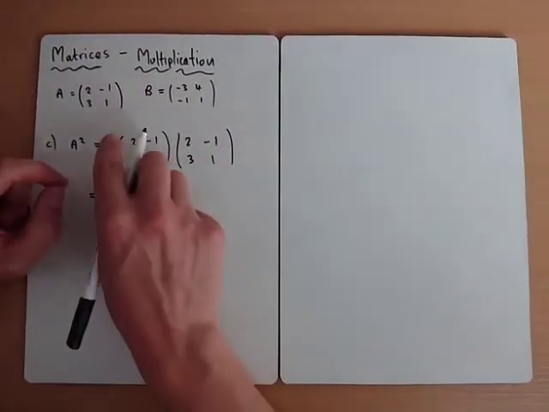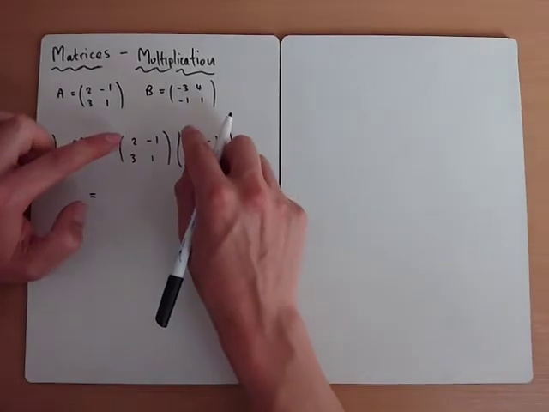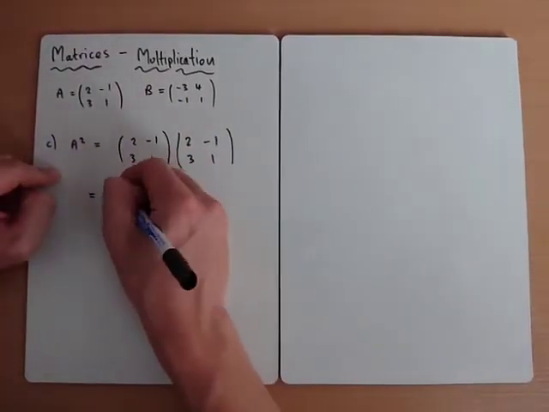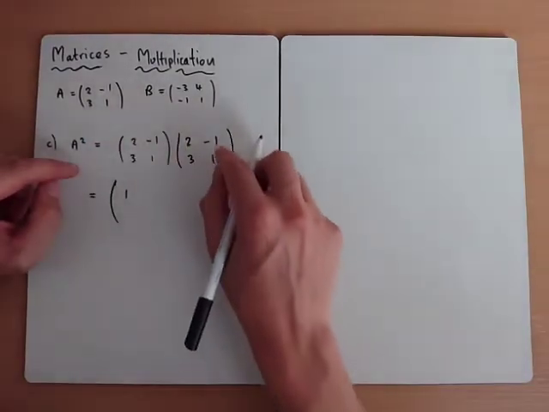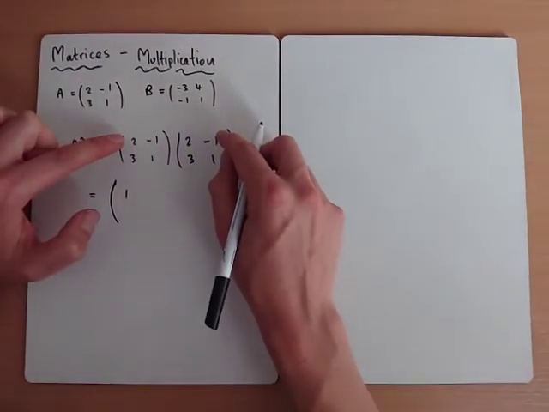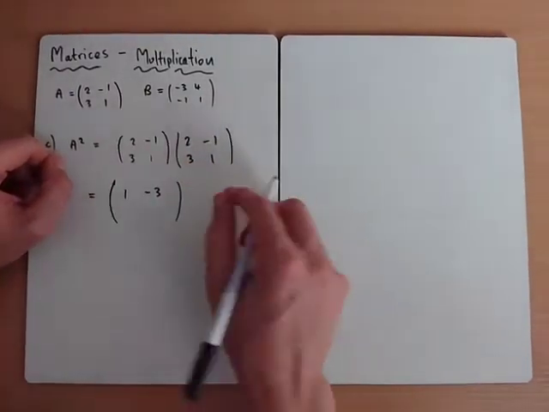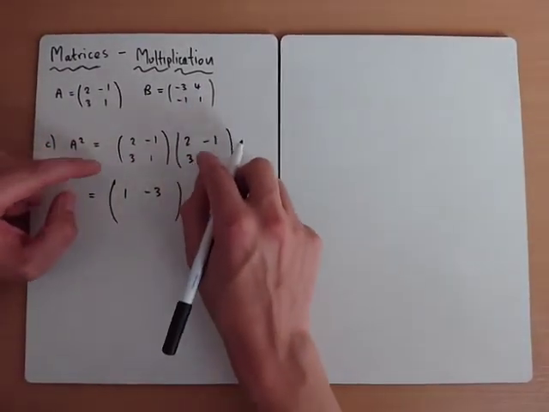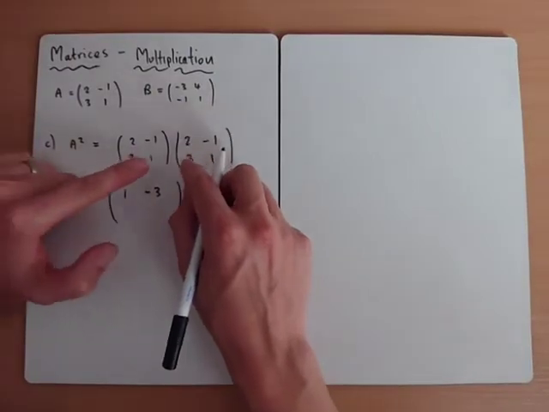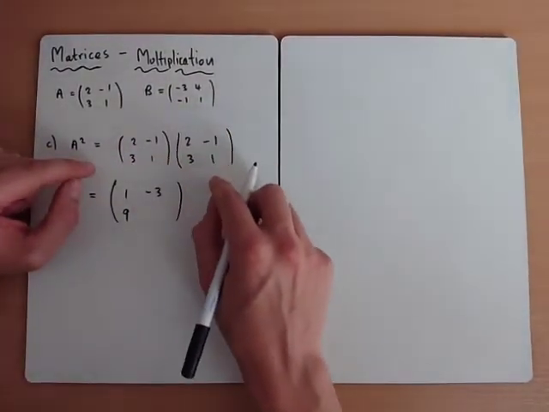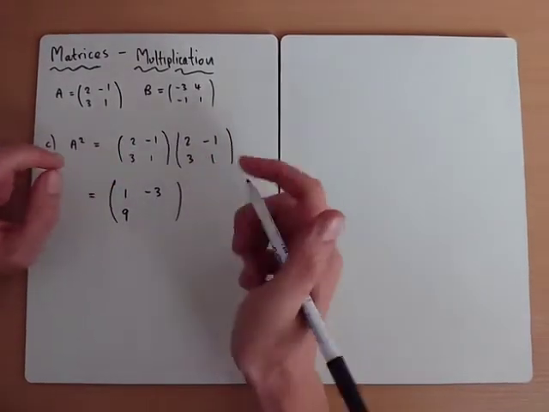And remember we multiply first row, first column. So that would be 4 minus 3. First row, second column, minus 2, minus 1. Second row, first column, so that would be 6 plus 3. Second row, second column, minus 3 plus 1.